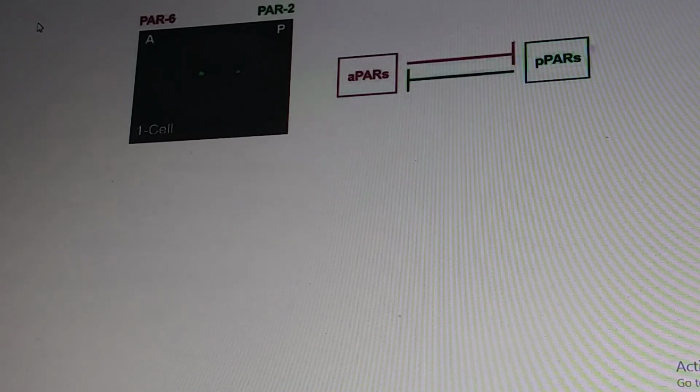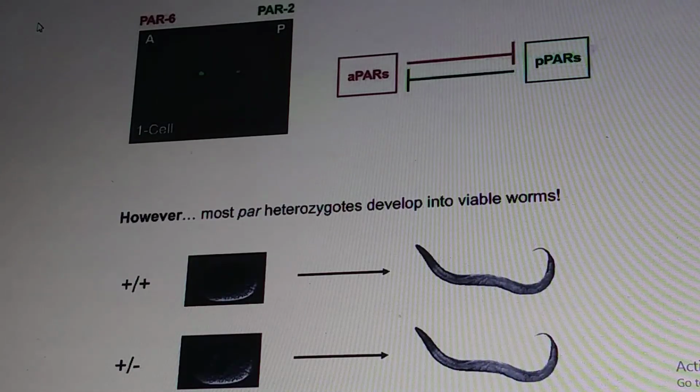Or in other words, the PAR system is sensitive to an imbalance of the A-PAR to P-PAR ratio.